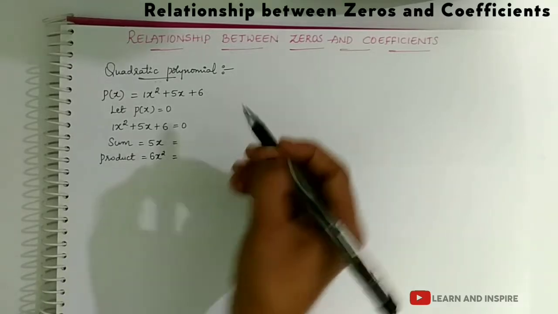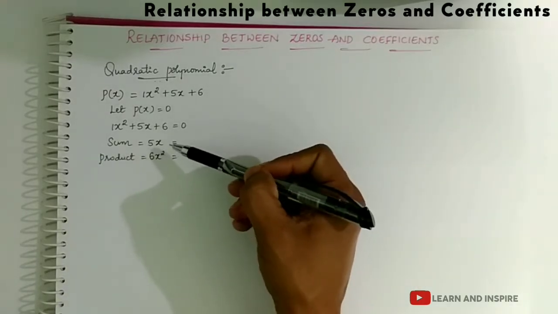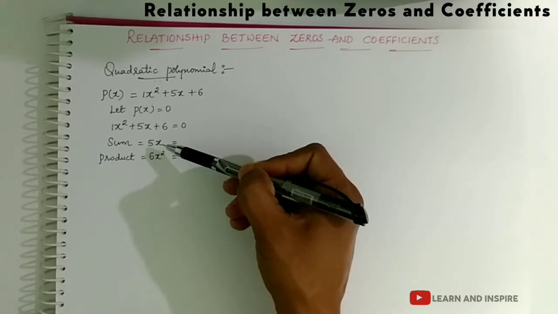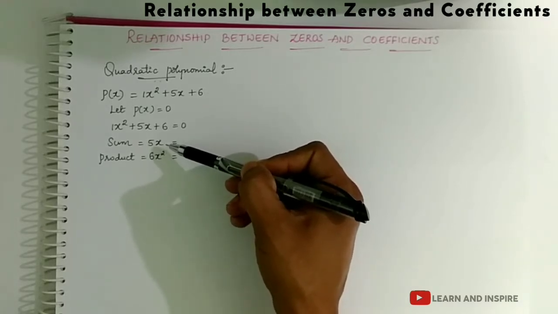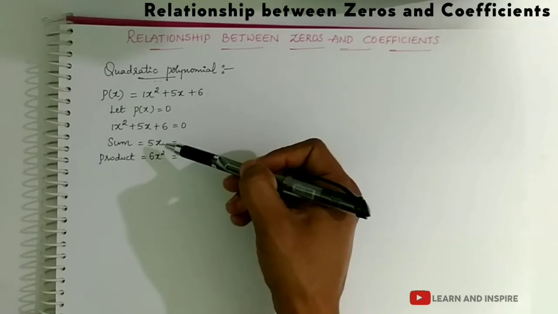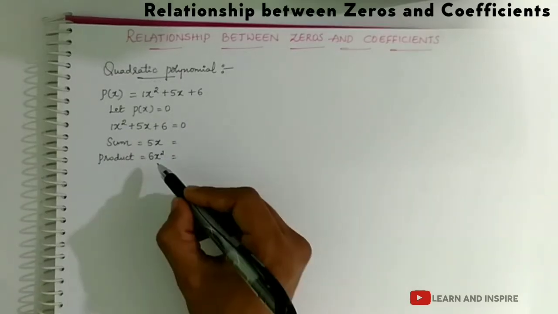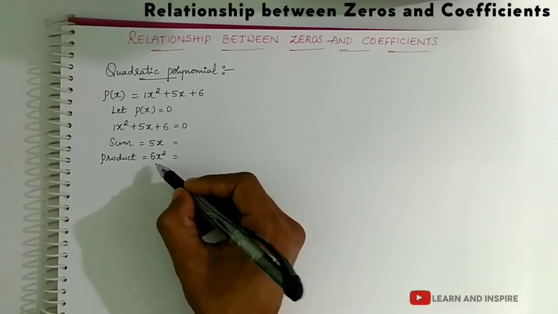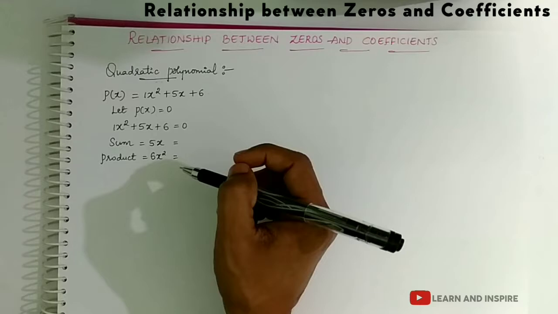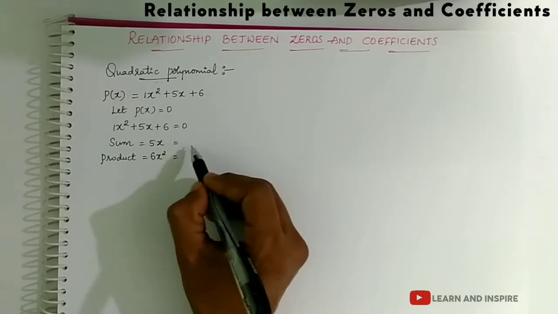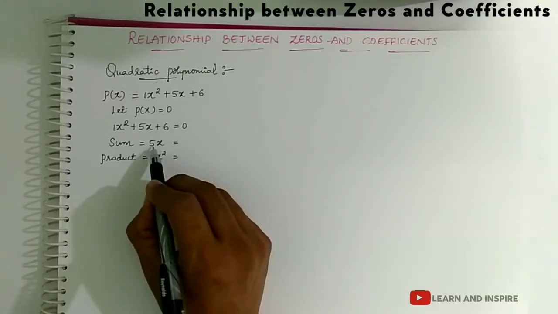Now if I add two numbers, their sum should be equal to 5x, and if I multiply the same numbers, their product should be equal to 6x square. Understood? So what are the two numbers? I take 2x and 3x. If I add 2x plus 3x, the sum is 5x.